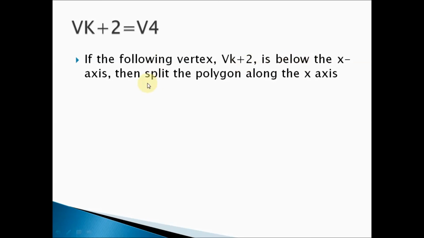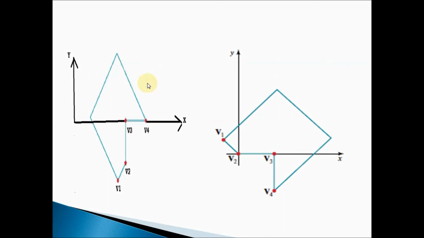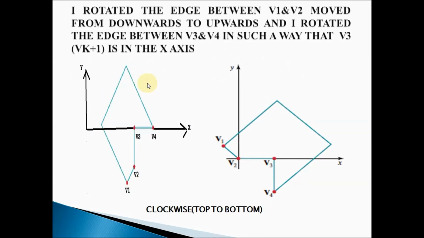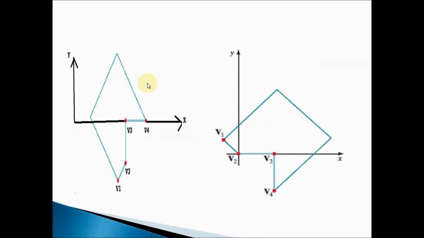What I have to do? Then I have to split the polygon along the x-axis. You can see here, my v4 is below the x-axis. When I rotated the edge between v3 and v4, v3 is on the axis according to the second step. But what is the third step?